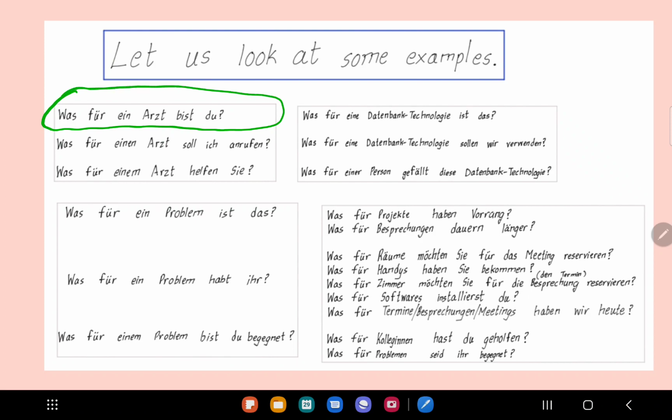It can be said in a good way, for example, someone introduces themselves to you, saying I'm a doctor, and your next question will obviously be, what kind of a doctor are you, which body part or what specialization. You can also say this in a negative way, depending on how you say it. If you're angry at someone, you can say was für ein and the profession: what kind of a person are you, what kind of a doctor are you, what kind of an engineer are you, what kind of an IT guy are you.